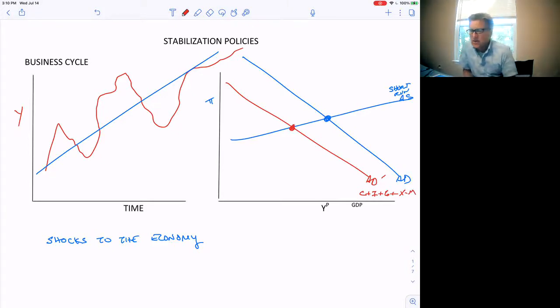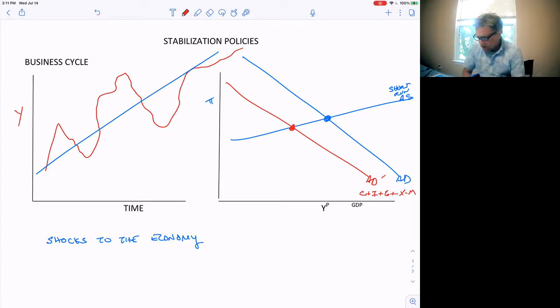Most likely a downturn in the economy is because of aggregate demand. Almost all the recessions in the past have been because of drops in aggregate demand, not so much by changes in aggregate supply. So something in that C plus I plus G changes and causes the aggregate demand curve to shift.